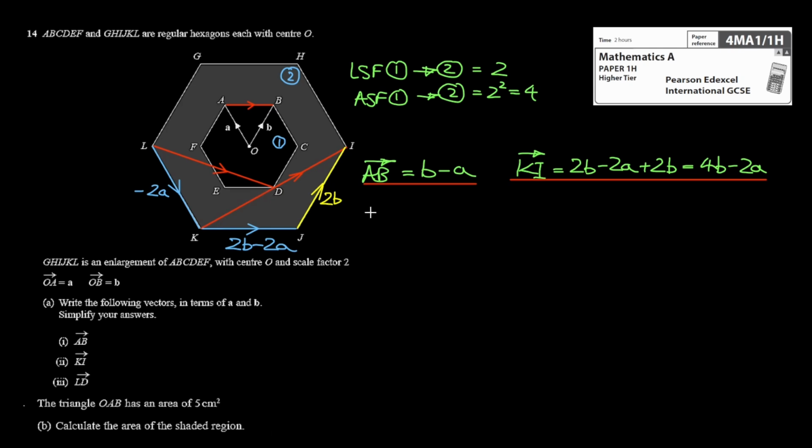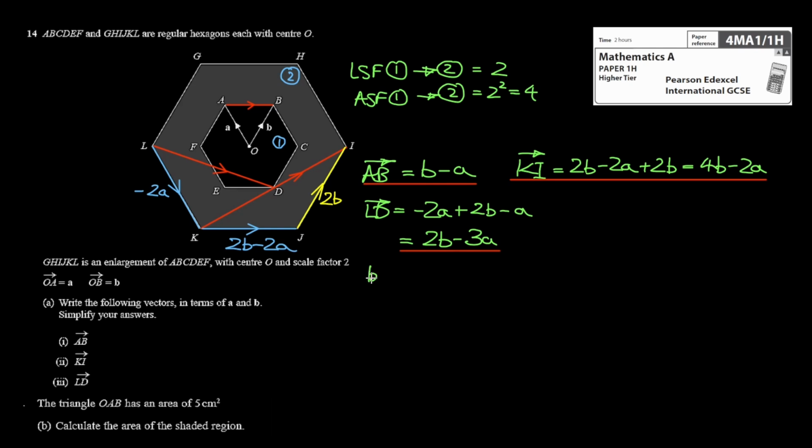So bringing that all together, I can say that vector LD is equal to, travelling down here, negative 2a plus half of what we've just found. What we've just found is 4b minus 2a, so this is plus 2b minus a. Pulling the a terms together, this is 2b minus 3a, and that is the third of the results they require.